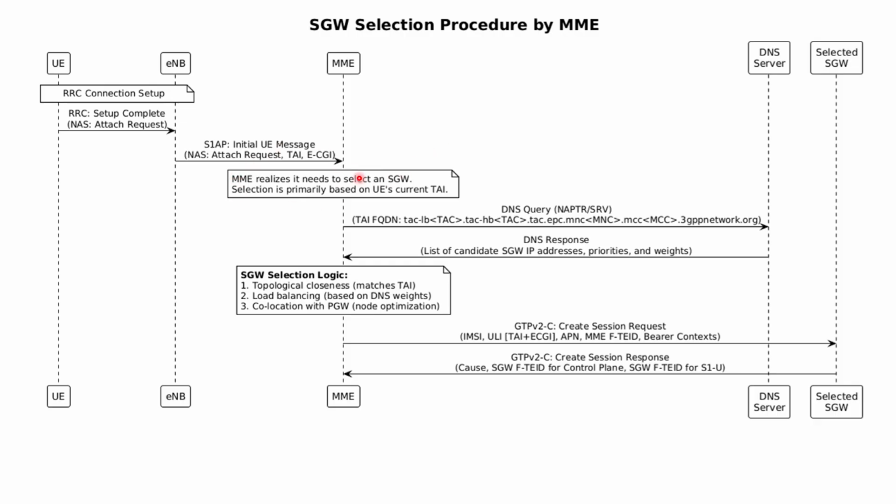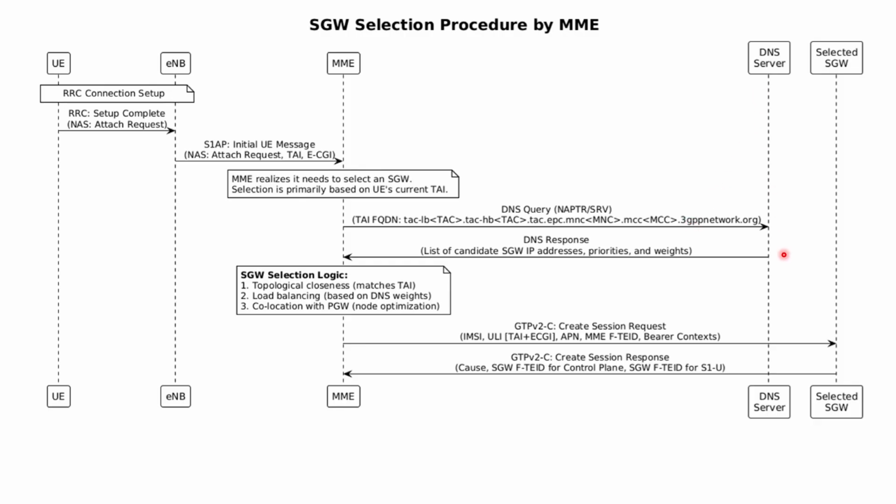Now the MME realizes that it needs to select an S gateway. It selects the S gateway based on the UE's current TAI. It will create a TAI FQDN, putting the TAC low byte and TAC high byte with the EPC and MCC, and send a DNS query to the DNS server.